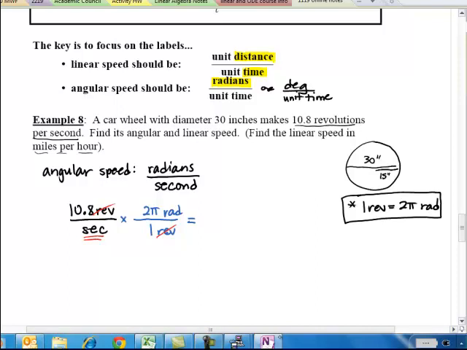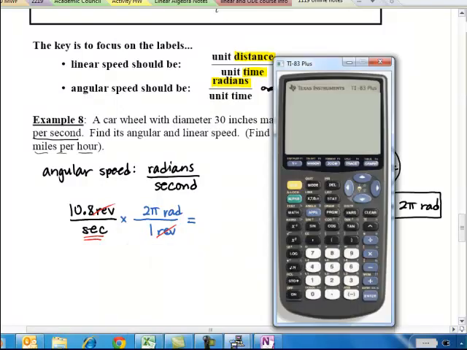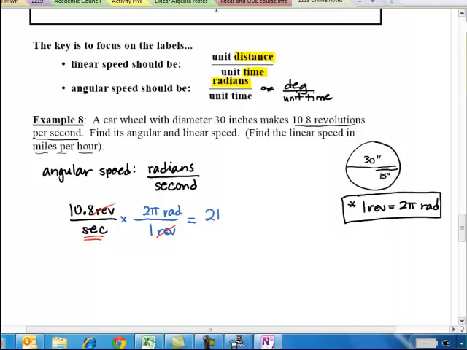Let's do 10.8 times 2 here. So 21.6 pi. So there's our angular speed.